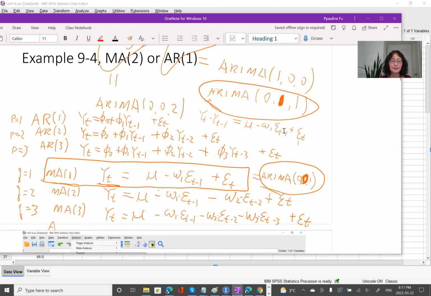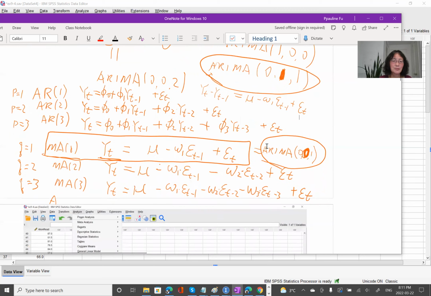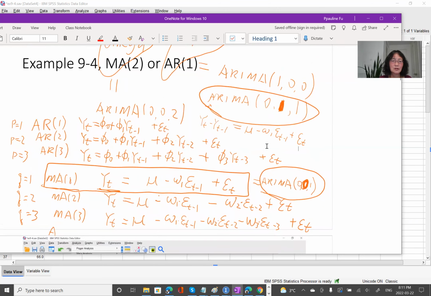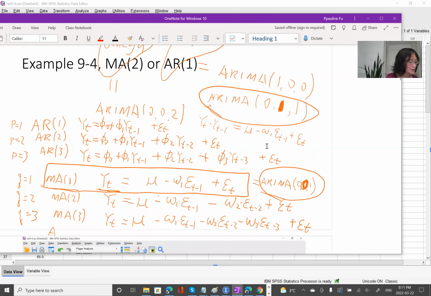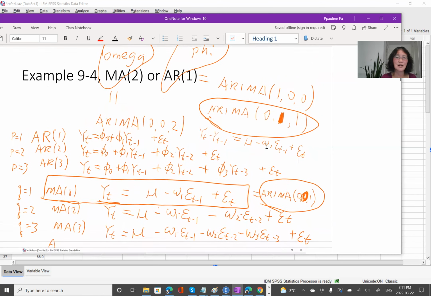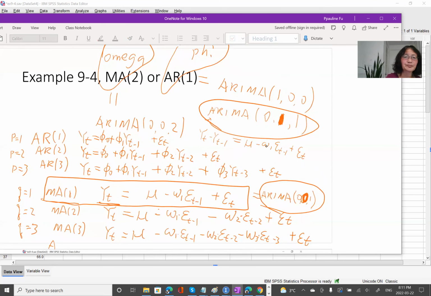All right. So this is example 9.4. We haven't started. So in 9.4, we propose two methods. One is MA2, the other is AR1.